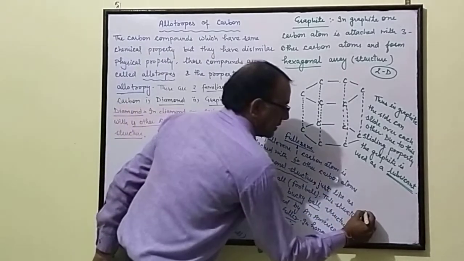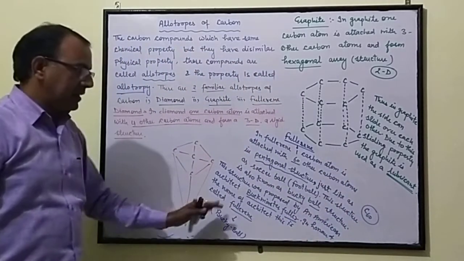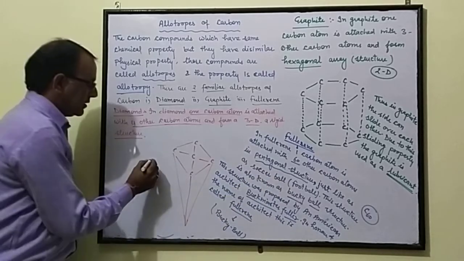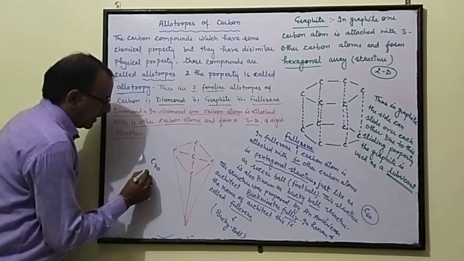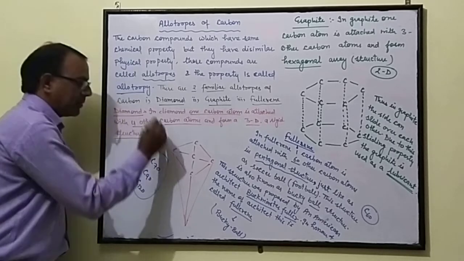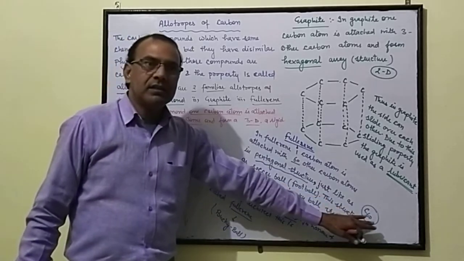कितने कह सकते हैं? C60. The C60 structure is known as Buckminster fullerene, but there are also C70, C90 and C120. Nowadays this type of structure is also used. Firstly, only C60.